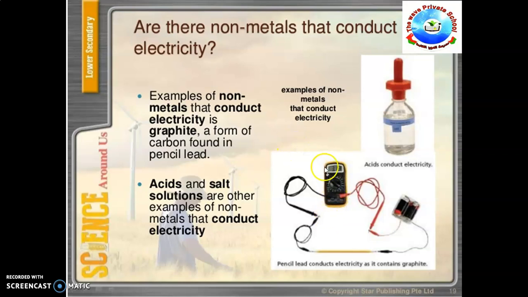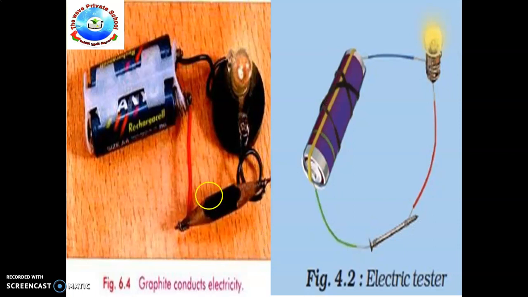So if you make a circuit with a pencil, the connectors connected to the pencil lead conduct electricity as it contains graphite. Also acids and salt solutions are other examples of non-metals that conduct electricity. Here you can see in the picture, graphite conducts electricity.